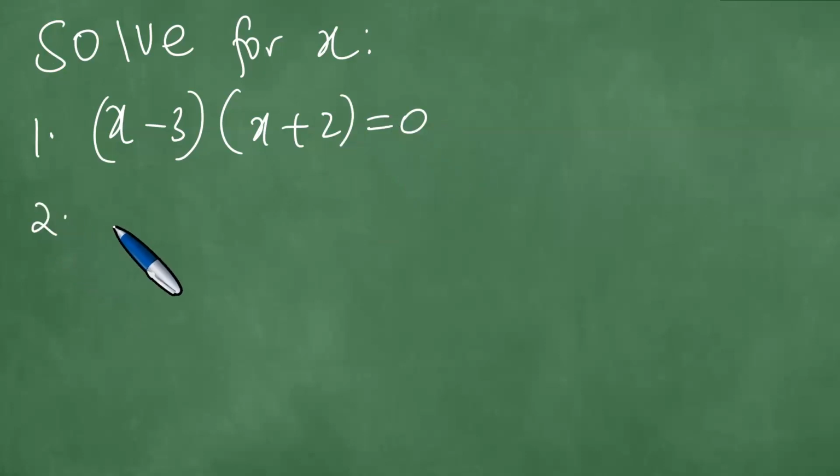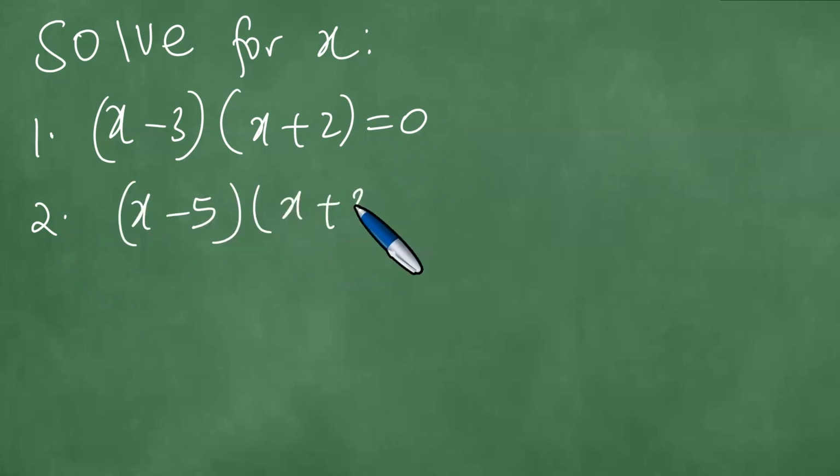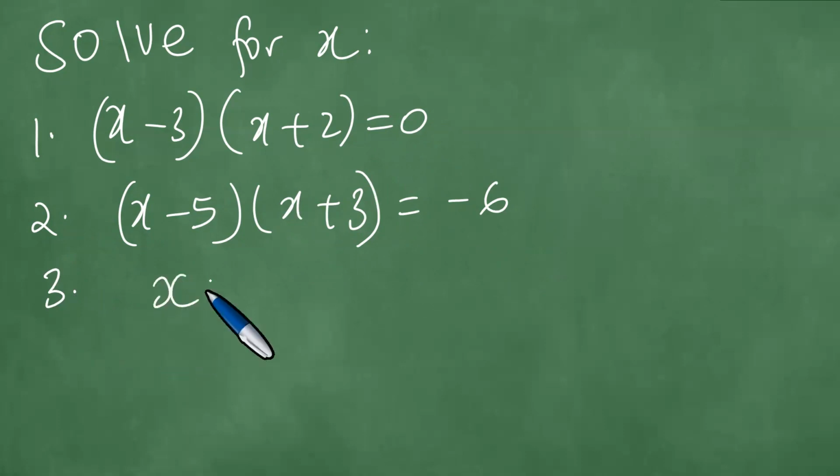Number 2: if you have x minus 5 into x plus 3 equals minus 6. Number 3: if we have x squared equals 9.